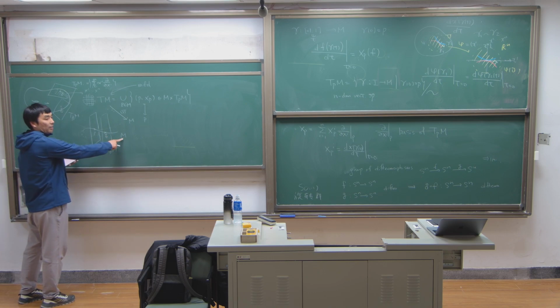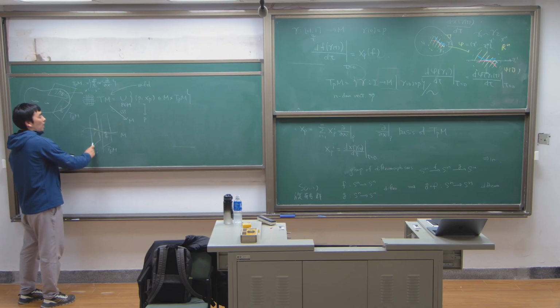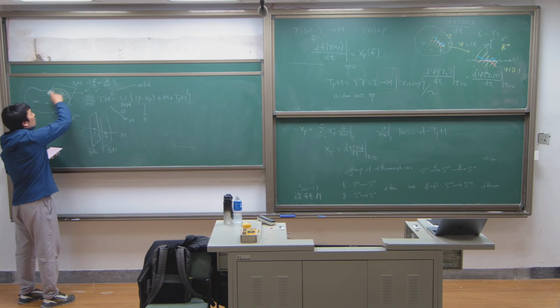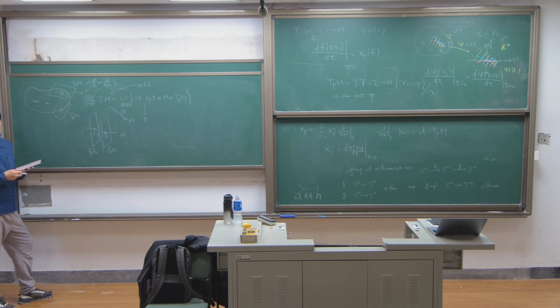M itself is an n-dimensional manifold, and in addition, at each point of M you have an n-dimensional vector space. Therefore, what's the dimension of the tangent bundle?